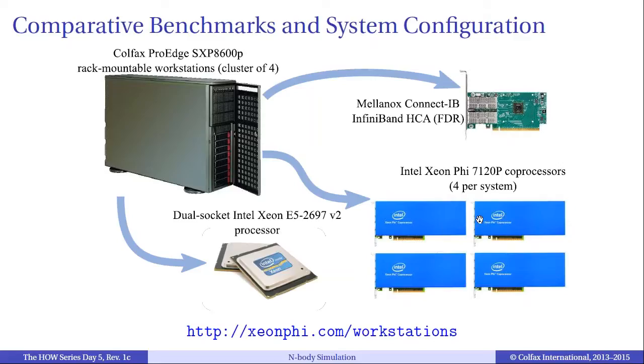It takes up to 4 Xeon Phi coprocessors, and it takes a dual socket Intel Xeon processor. Also, we have a cluster of 4 of these, and they are connected with InfiniBand interconnects. These are network interconnects with high bandwidth and low latency for efficient data movement. We have a cluster of 4, so each of these workstations I will consider to be a compute node.